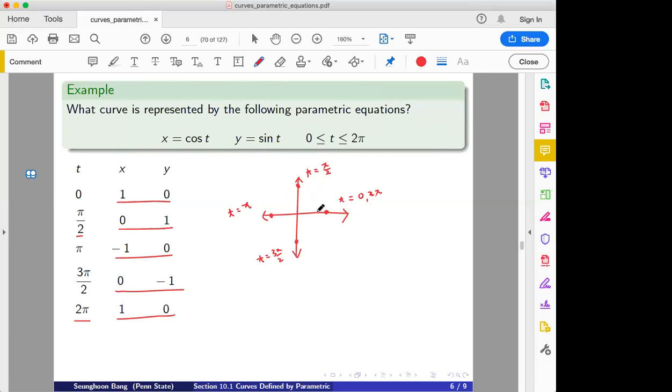Is that right? So my question: what is the shape of the graph? The circle.